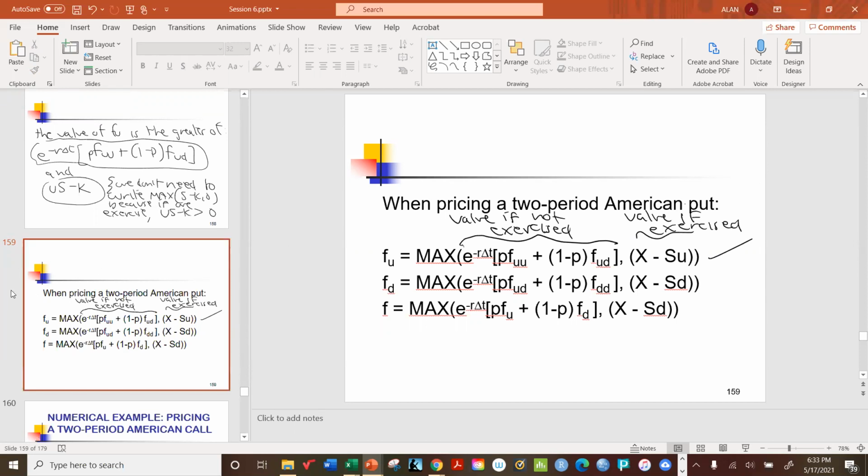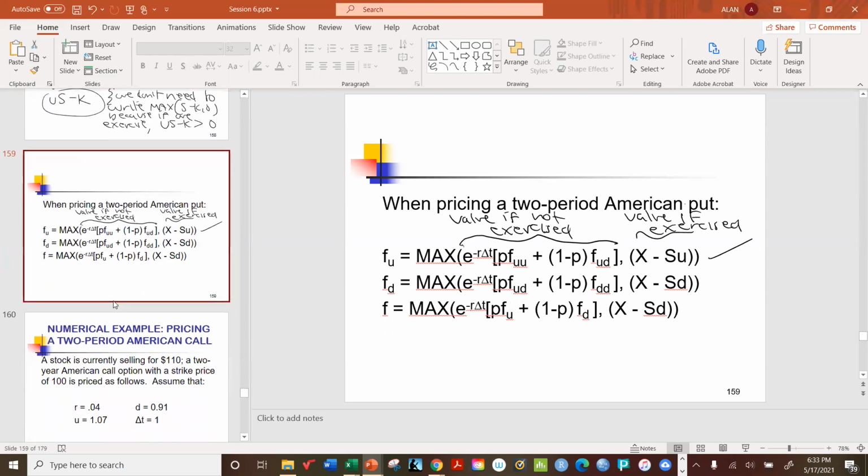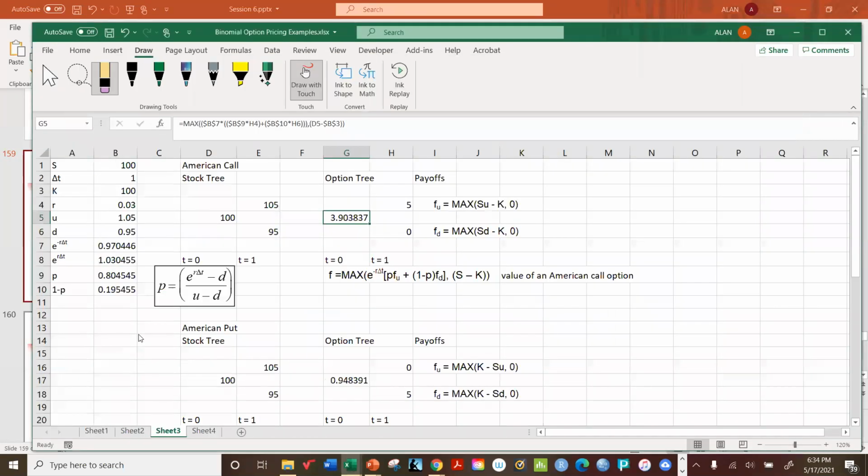Okay, so this is a lot to take in, but if we do an example, you'll see that it's not that difficult. So we'll start with an example of a one-period American call and American put, and that would be right here.